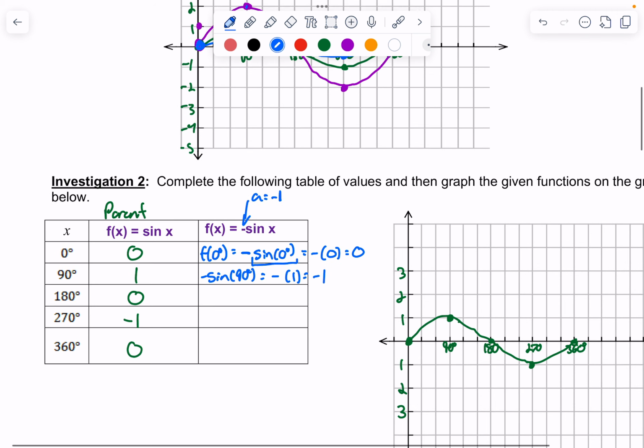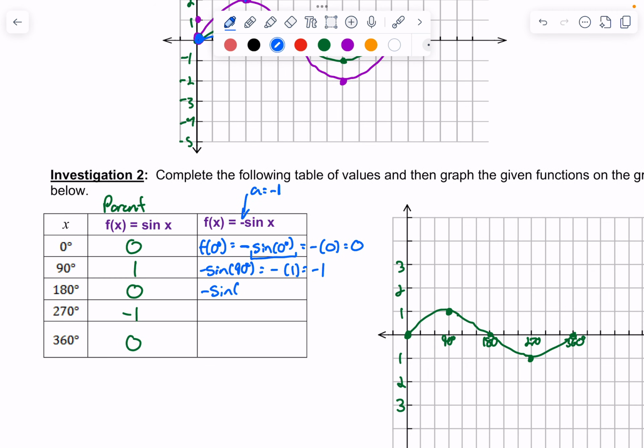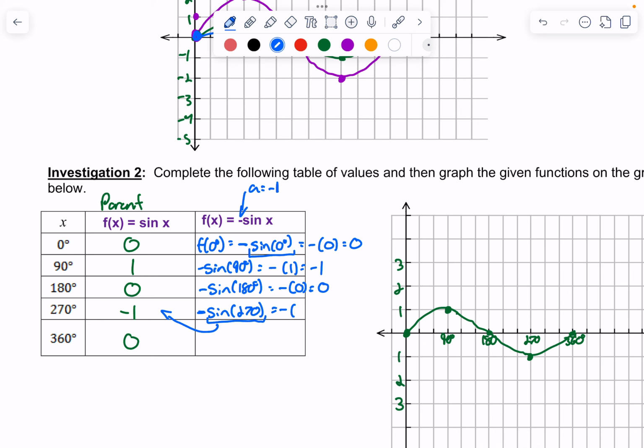This would be negative sine of 180. That's negative 0, giving you 0. This is negative sine of 270. And again, sine of 270 is negative 1, that's what the parent is. So that's negative times negative 1, giving you 1. And then this negative sine of 360, well, that's negative times 0, giving you 0.